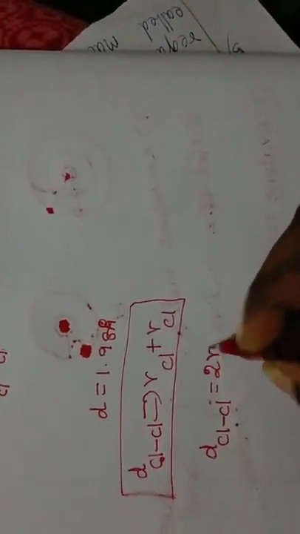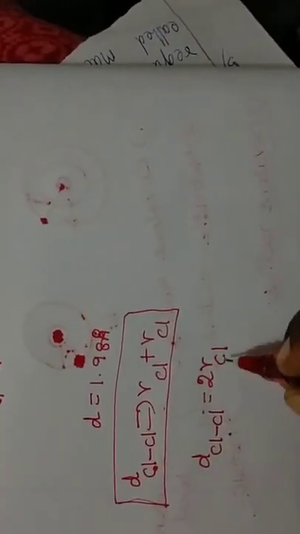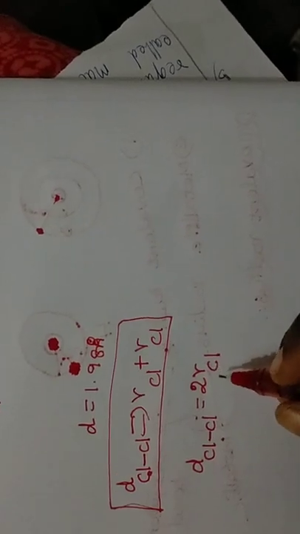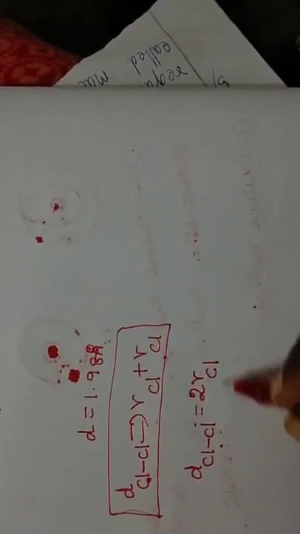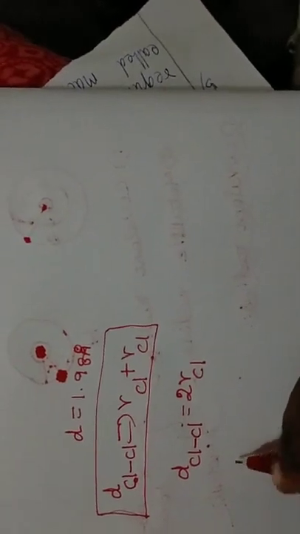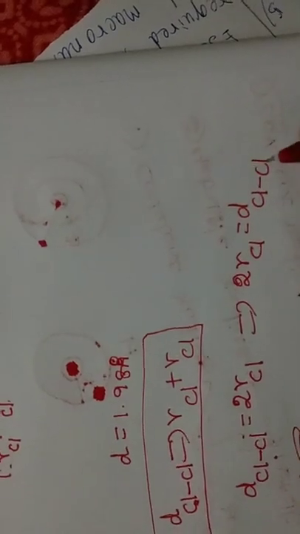Totally 2 RCl. Then we should calculate the radius of chlorine, so you can take this to the other side. Two RCl equals D Cl single bond Cl.